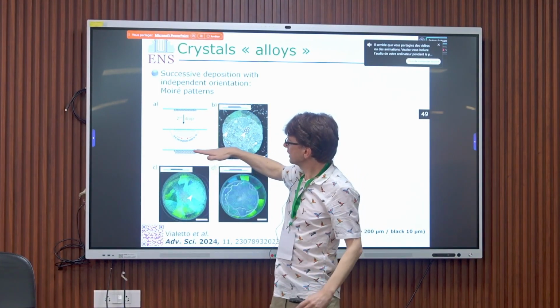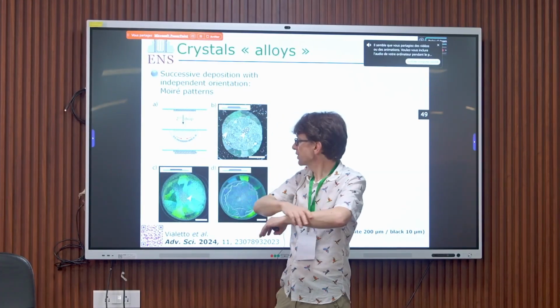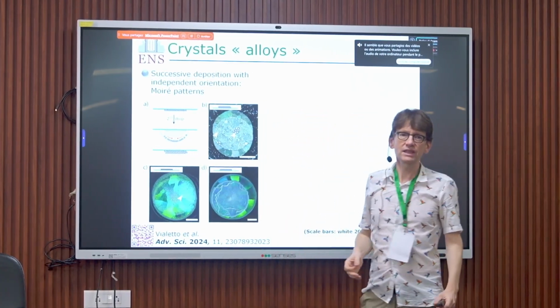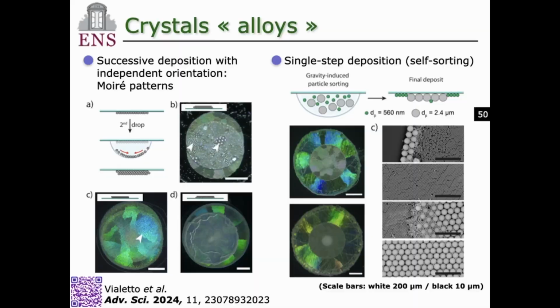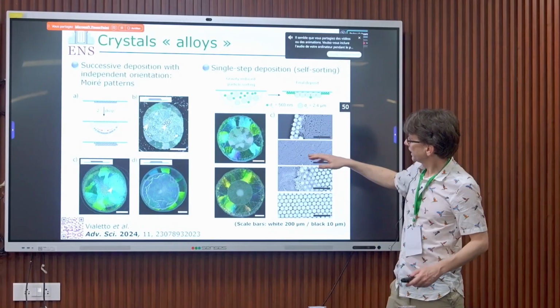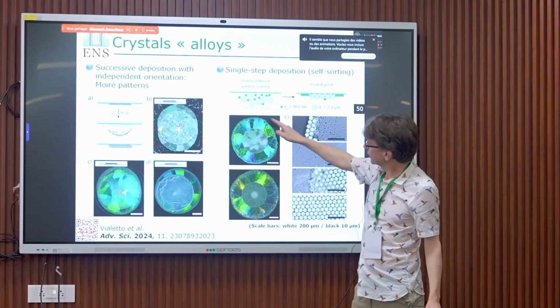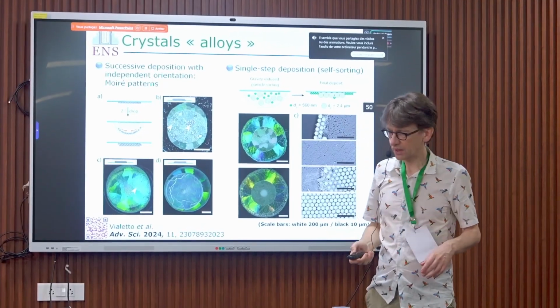So you have the same interparticle distance but independent orientation, and this gives you very nice moiré patterns, typical of optics. And then you can also play with different particle sizes and do size sorting with very interesting patterns with the small particles. You see you have a ring of large particles, then small particles, and large particles, and everything crystallized. You have this interesting behavior.